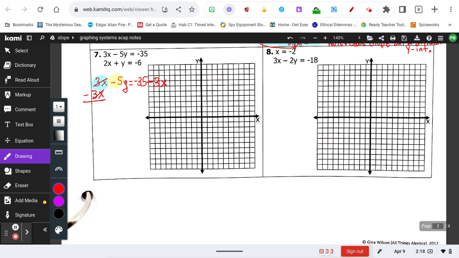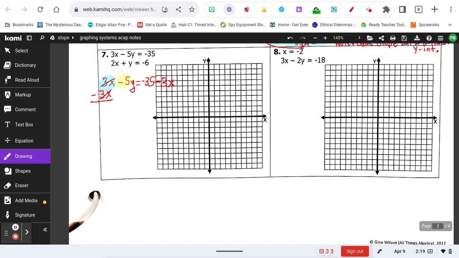These are going to cancel. So you end up with bringing this down, -5y equals -35 minus 3x. And next, what you'll do is you'll get rid of -5. Because it's mashed together, you're going to divide. Mashed together indicates that it's multiplication. The opposite of multiplication is division.